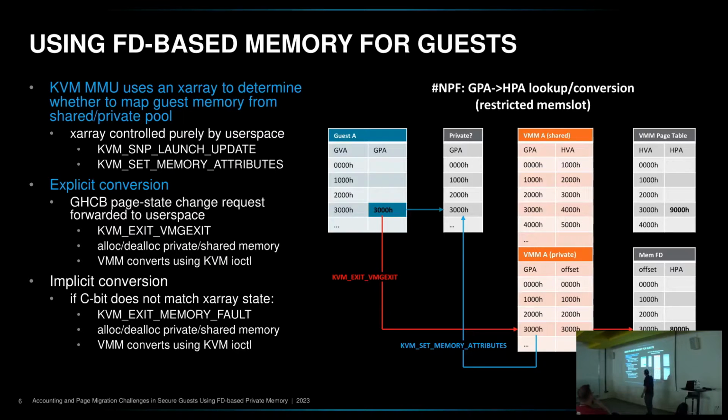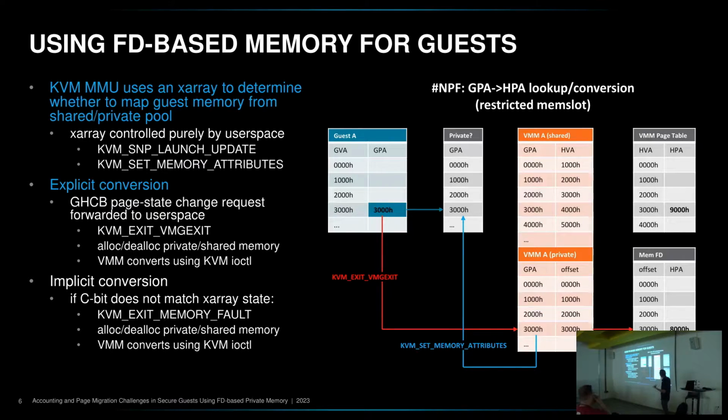And as far as how we assign whether a guest page should be treated as private or shared, that could happen in a multitude of ways, but the main one is that the guest can do what's called an explicit page state change, where it issues a request to the hypervisor to switch the state of the page from shared to private or private to shared.